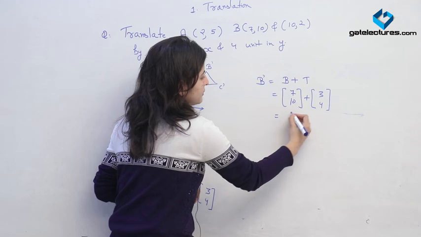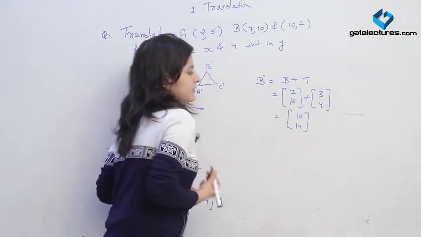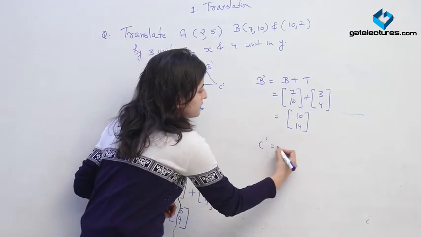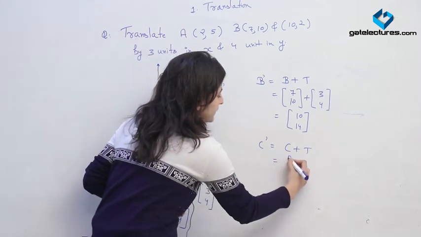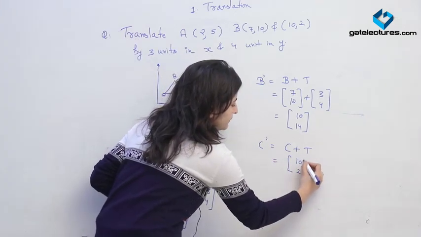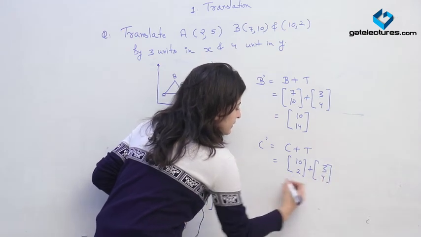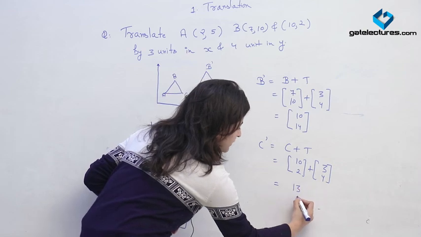So the coordinate of B dash will be 10 and 14. Now C dash equals C plus T. The coordinates of C were 10, 2 and T is 3, 4. So C dash equals 13, 6.